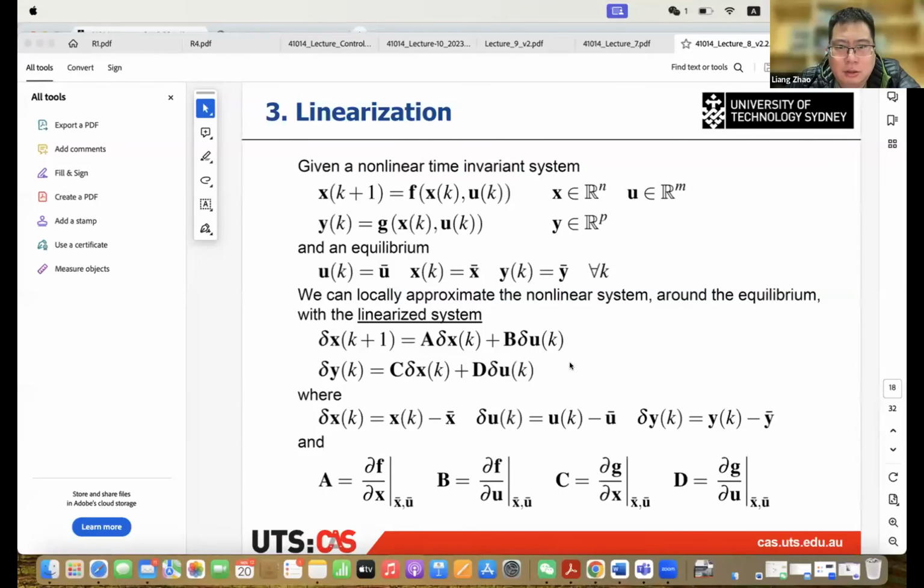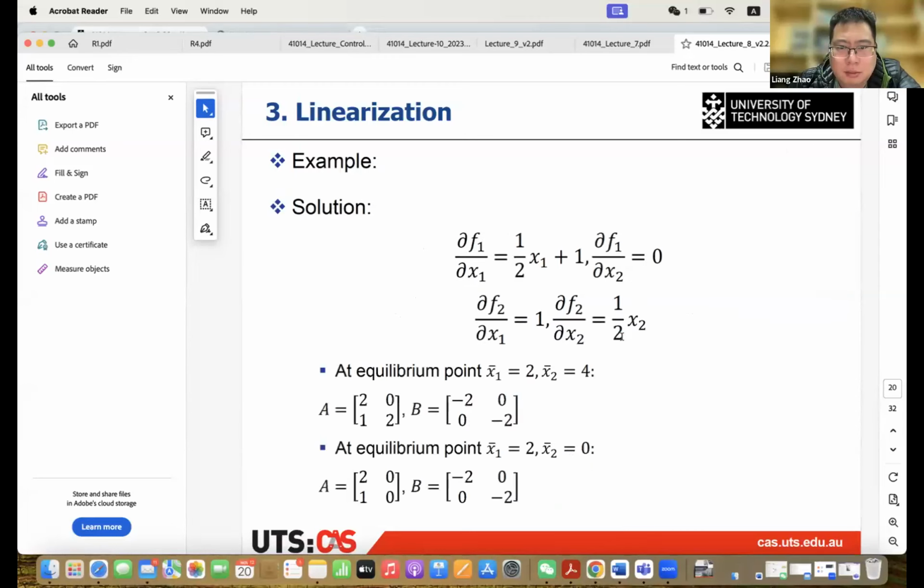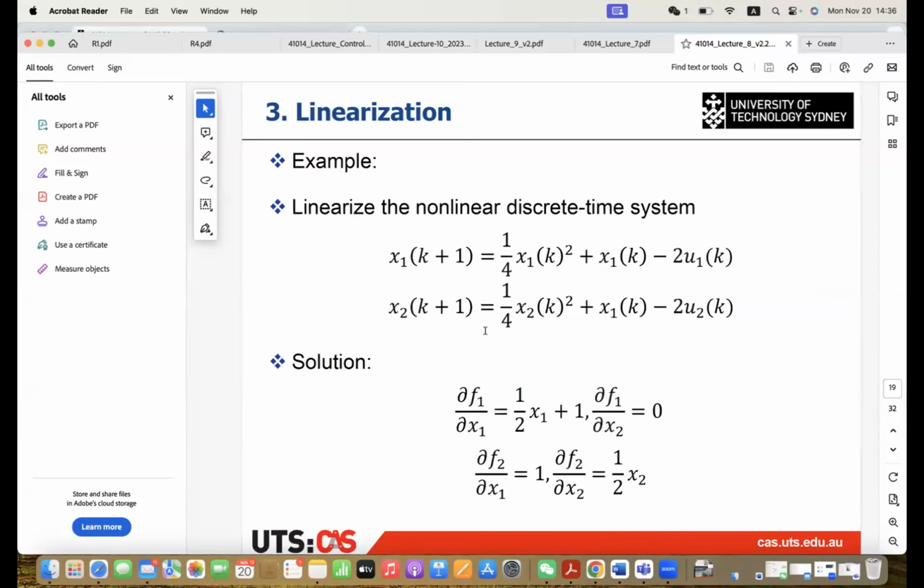All right, so you can see my screen, I believe, right? Yeah. So that is F1 and F2. If you have two equations, X1 is equal to something, X2 is equal to something, that is F1 and F2.